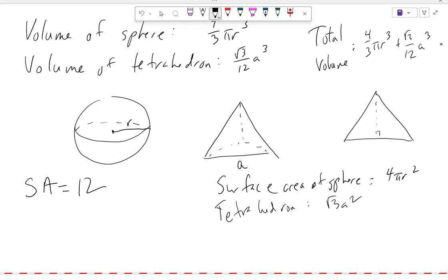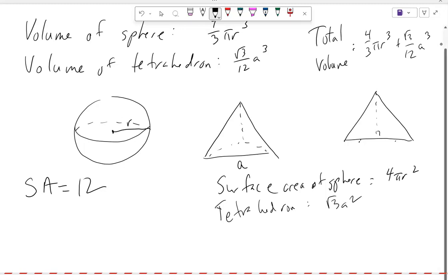If I have an equilateral triangle, what does that height do to the bottom side? What's the relationship between this and that? Yeah, they're equal, right? It splits it directly in half. And it also splits this angle in half.